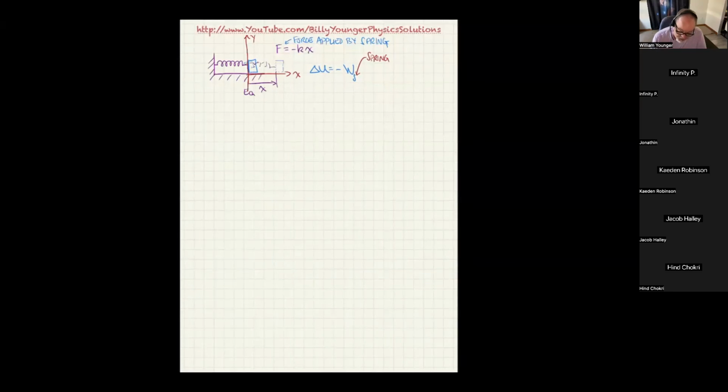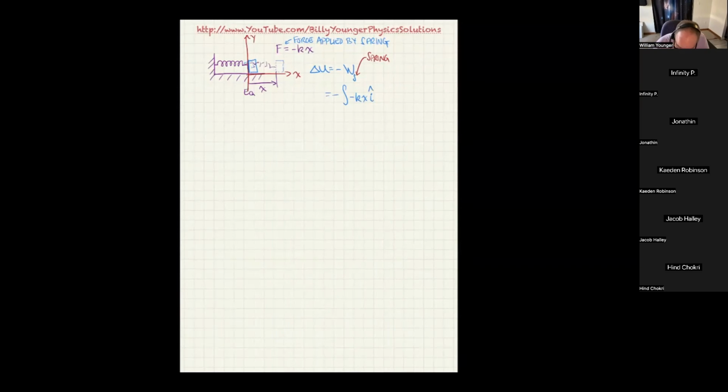So the spring's been stretched way out there. So what I'm going to get is a negative integral. Now, remember, it's a negative integral of the force applied by the spring. If I actually stretch this in the positive x direction, which is what I did, then the force the spring is applying is in the negative x direction. So I'm going to say negative k times x, and then I'm going to put an i hat on it.